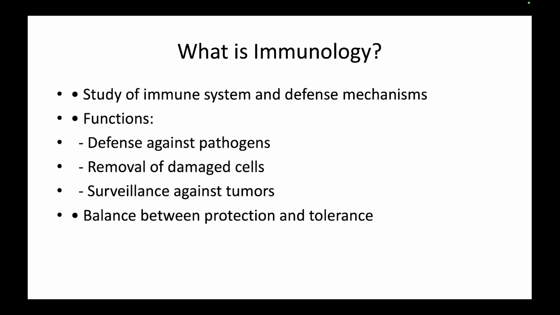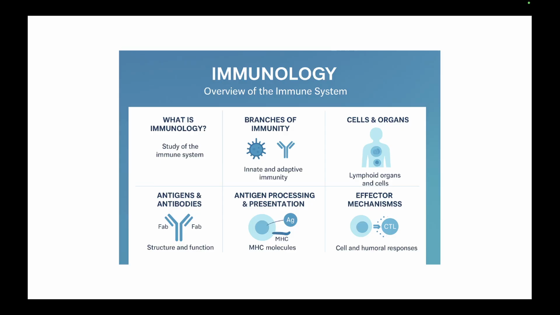So we have gone through in this entire immunology course what is immunology, okay, and what are the branches of immunology: innate and adaptive immunity, what are the cells and organs that are involved in this particular immune system, and what are the antigens, what are antibodies, what is their structure, what are their functions, and then how the antigen is processed and presented to the immune cells, and what is the effector mechanism to kill those particular foreign pathogens and infected human cells, okay.